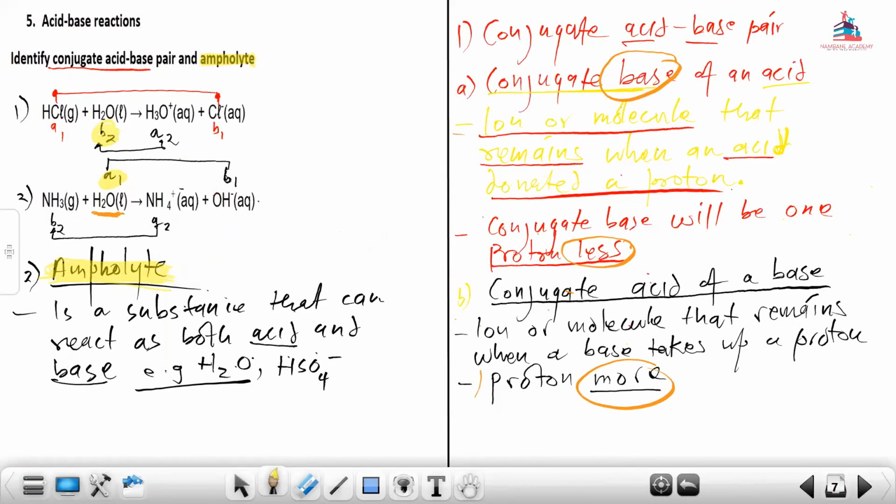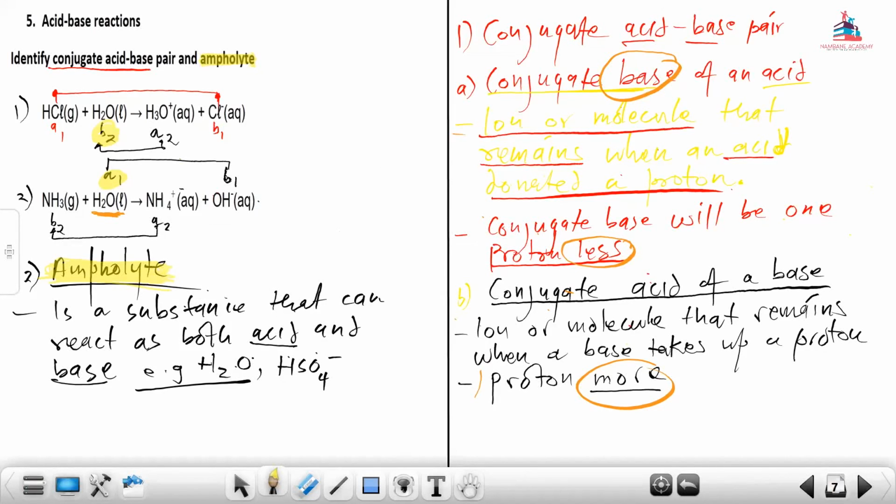We further moved on and explained conjugate acid-base pairs. But we said for conjugate acid-base pairs, to identify them, we need to fully understand a reaction. Which one will be my acid? Which one will be my base? And then we explained that in detail.